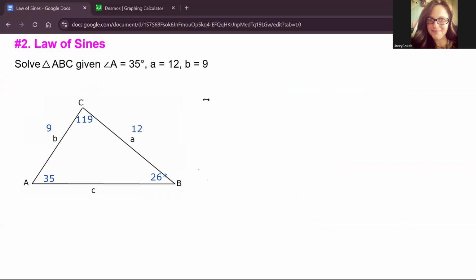Solving for side C, we'll set up our law of sines. We'll put the unknown side C in the top over sine of angle C. And then let's use angle A and side A, the given information. It's always good to use the information they gave you, just in case you made a mistake in your calculations.